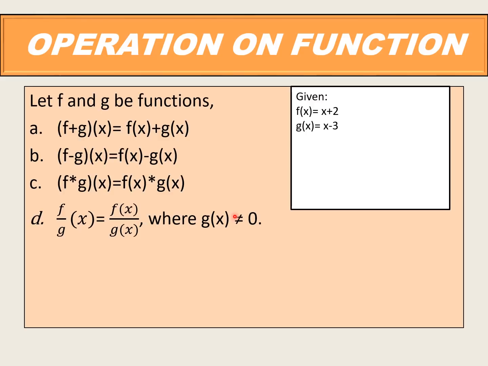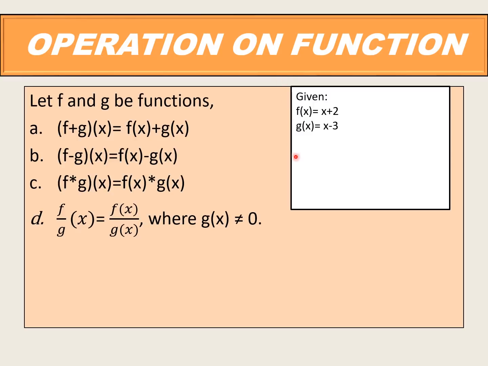Because any number or any expression being divided by 0 is undefined. Therefore, in the quotient rule of operations on functions, the denominator must not be equal to 0. So these are the four definitions of the operations on functions, which we're going to use on the next slides for the solutions.